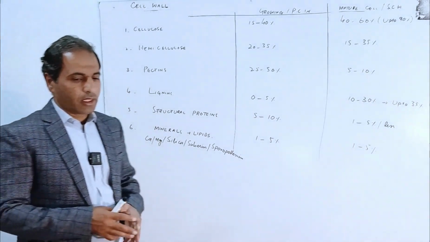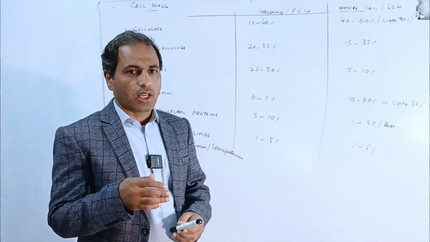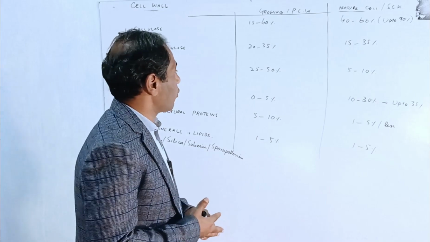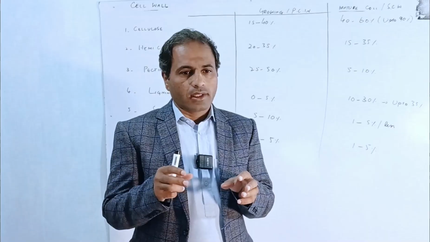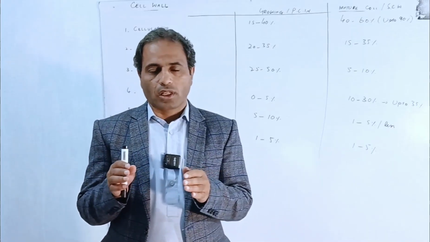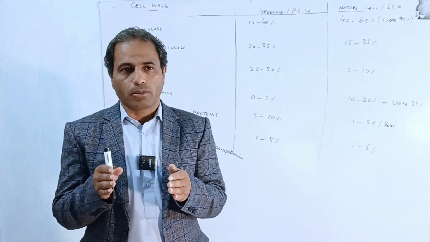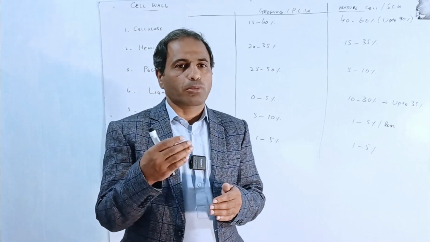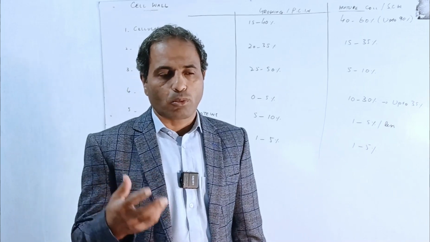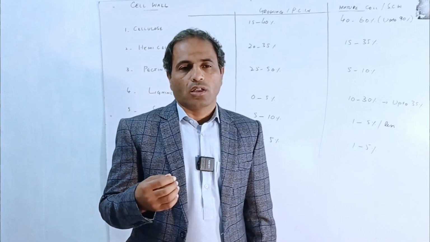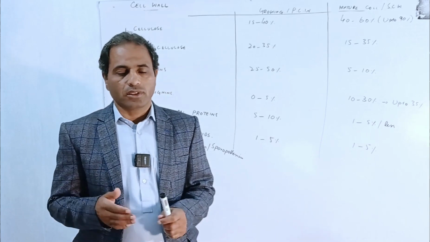Here we want to just understand the chemical composition of the cell wall. The chemical composition of the cell wall is considerably variable from plant to plant, from families of one plant species to the families of another plant species.